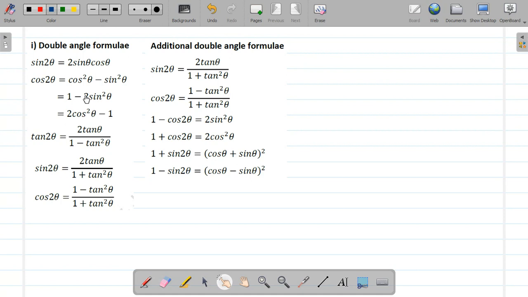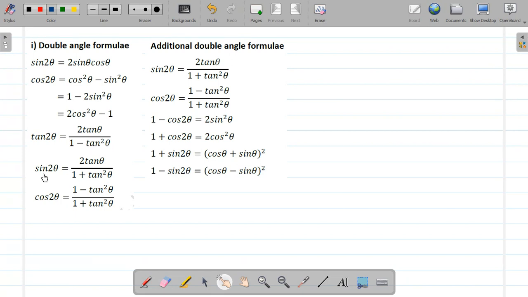These two are other forms of the double angle formula for the cos ratio. The main formula is cos square theta minus sin square theta. Similarly, tan 2 theta is equal to 2 tan theta upon 1 minus tan square theta.